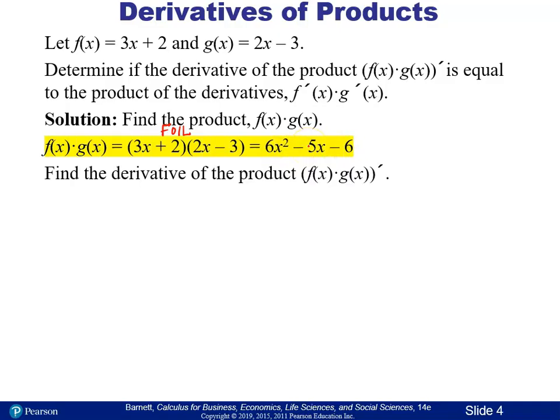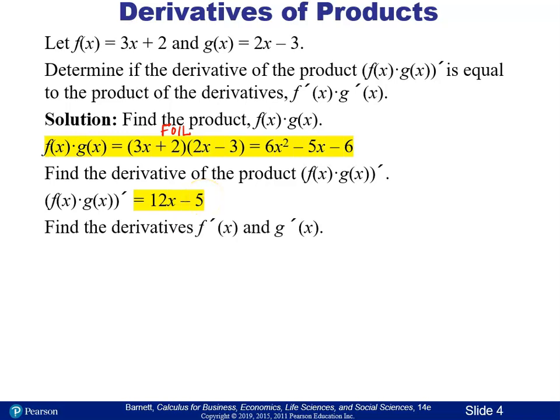The derivative of that would be 12x, then minus 5, and then 0. So the derivative of the product of these two functions is 12x minus 5.